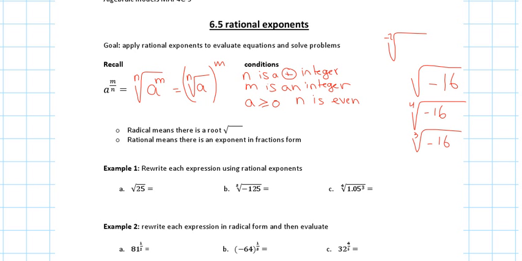Why does this give me an answer while these give me a math error? Maybe because those are even, and that's not even. That's right. The even roots don't give you an answer, and the odd one does.